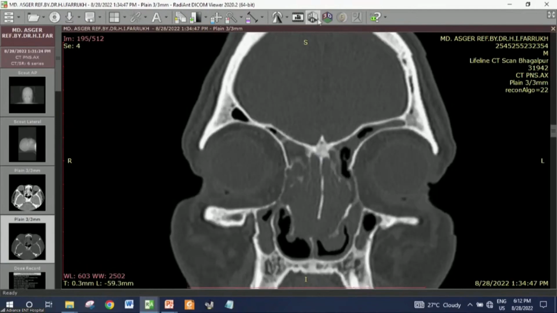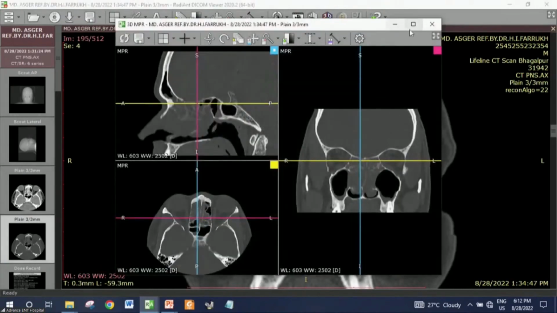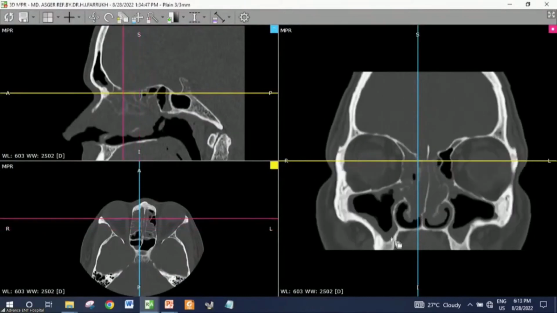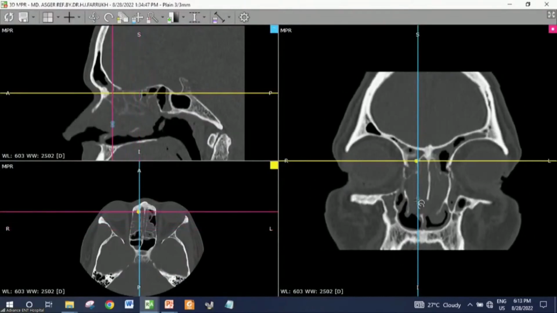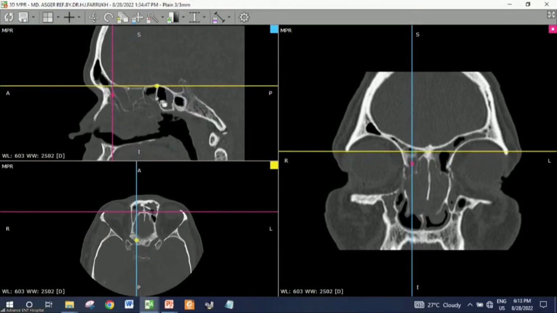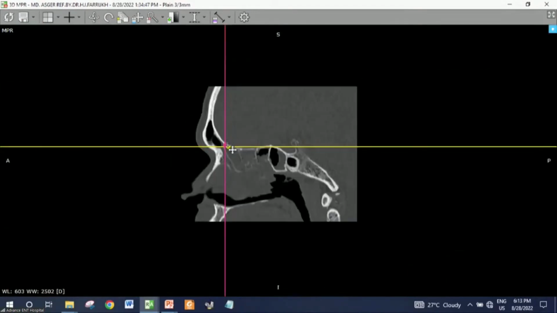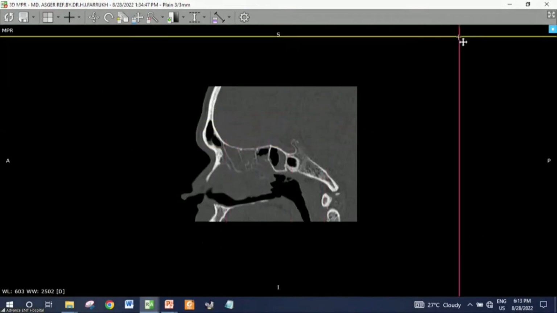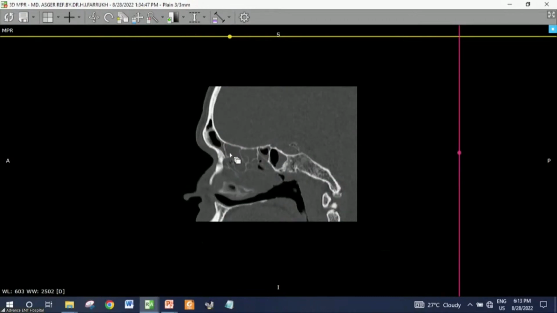Now, let me reconstruct to the multiplanar view. This is so interesting. See this cell? If I bring my cursor into this cell and see this, this is a classical frontobulbar cell. Can you see this? And this cell is attached to the posterior wall, or to the skull base.